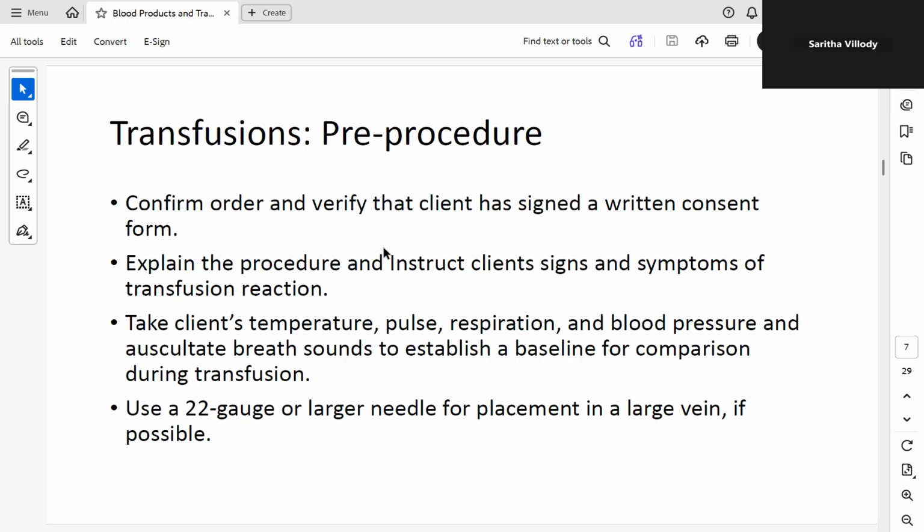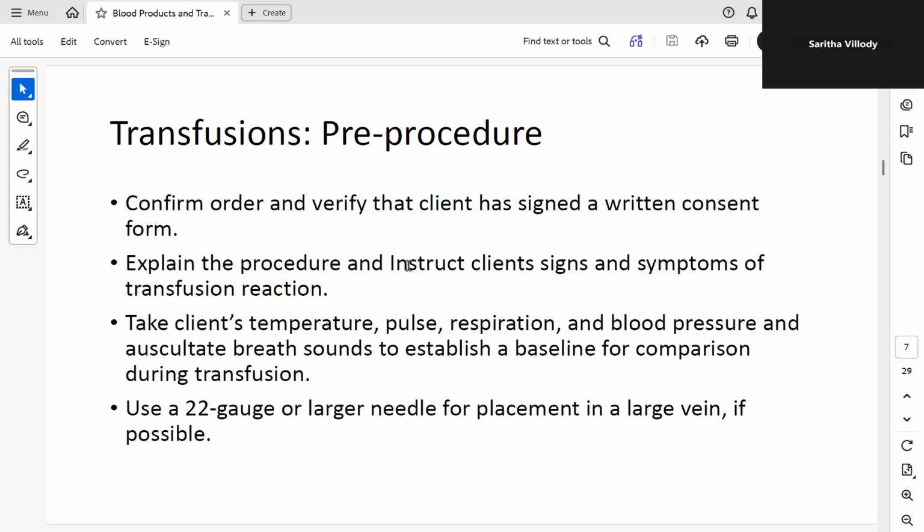Whoever is ordering the blood product is entitled to get that consent. Now, sometimes they don't. Our job as nurses is to make sure and verify that the client has given consent or they have a signed consent. It is one of the requirements for blood transfusion.